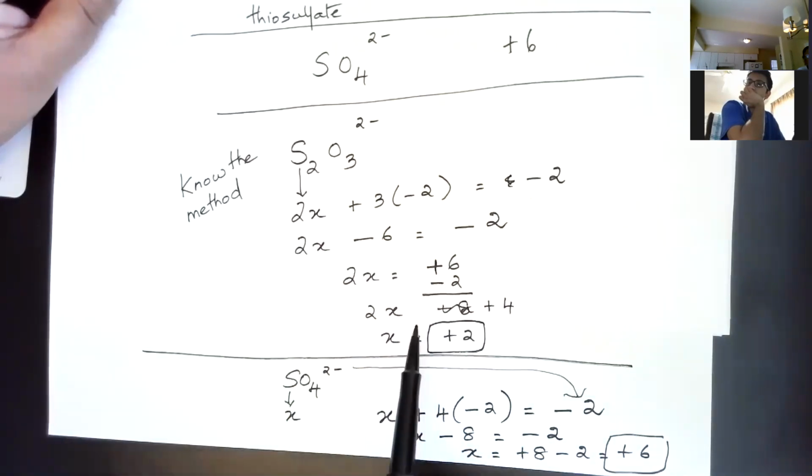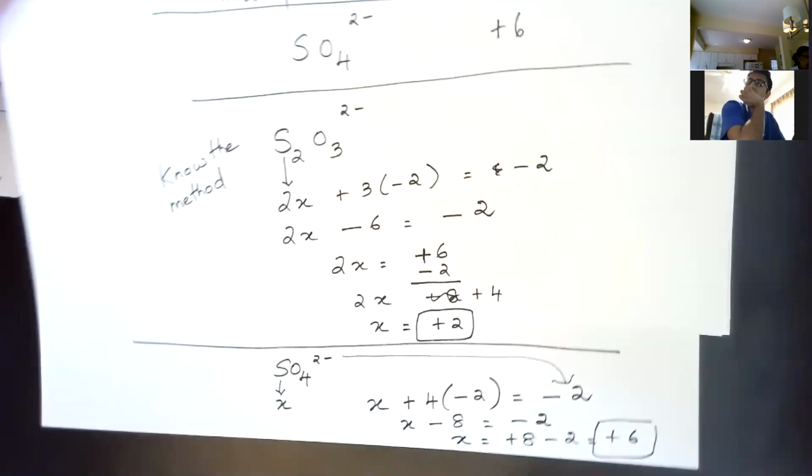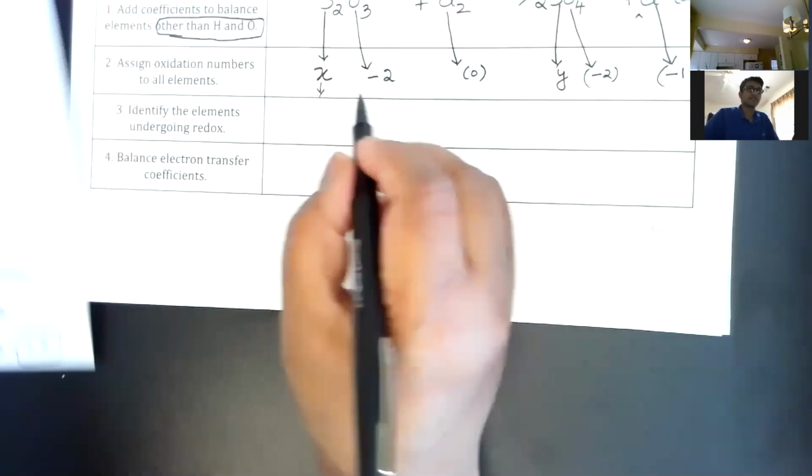And then you solve for it. I'm clear now. Thank you. So this X is +2. And this Y, I called it Y because it's different from this one. This is +6.